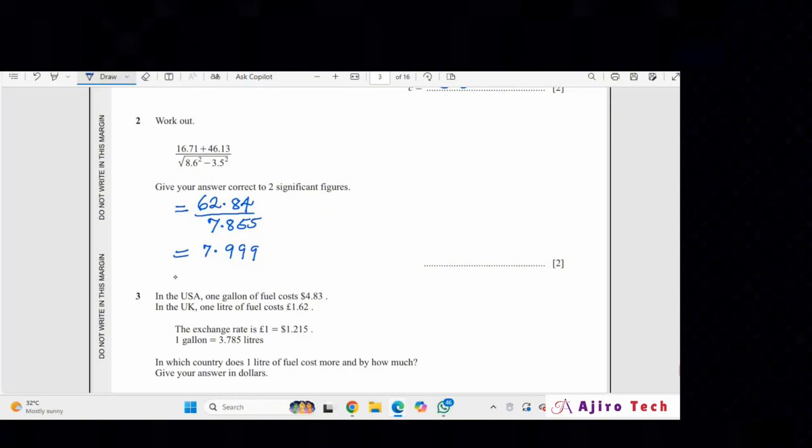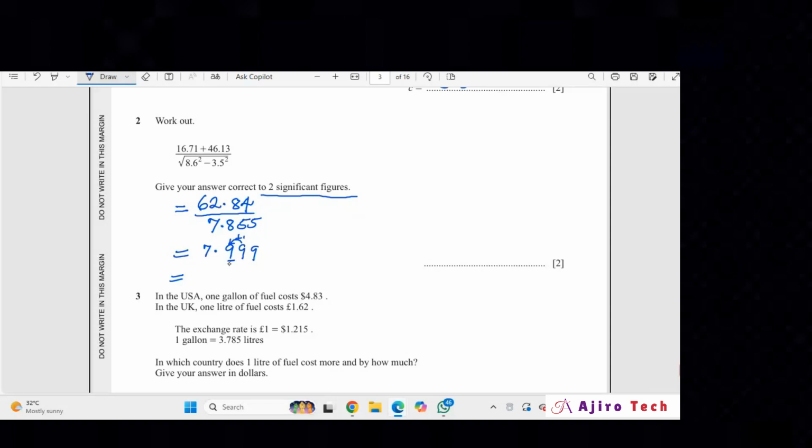So what we have here is the answer. But from the instruction, we are asked to write it to two significant figures. To two significant figures is going to be on the 9. If it's on 9, we add 1, because this is a round-up number.